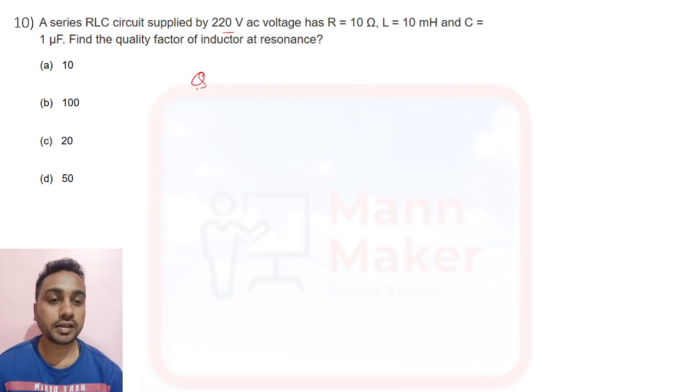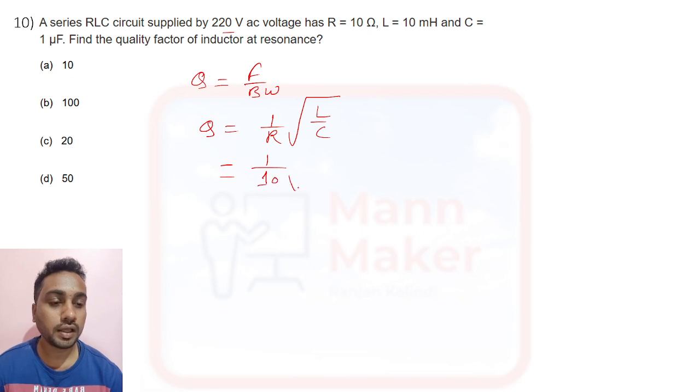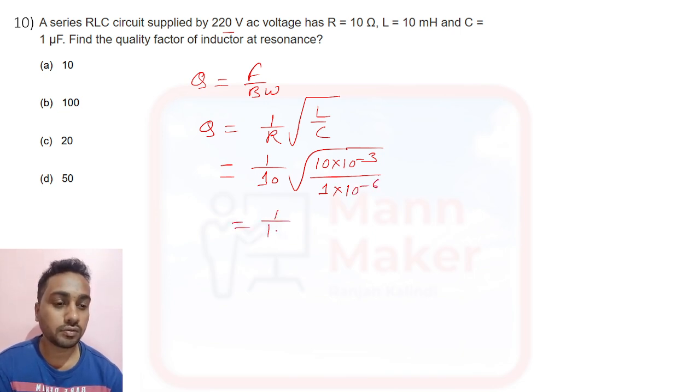Quality factor is frequency by bandwidth, and for a resonance circuit it is 1 by R under root L by C. R we know is 10 ohm, L is 10 millihenry, so 10 into 10 to the power minus 3, and the capacitor is 1 microfarad, that is 1 into 10 to the power minus 6. Now we need to solve this one, 1 by 10.